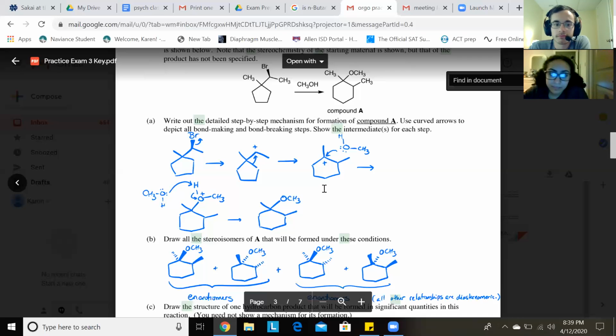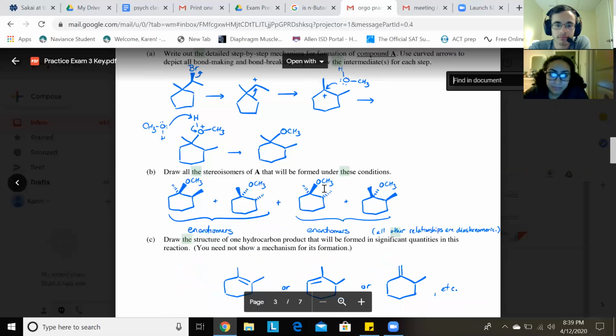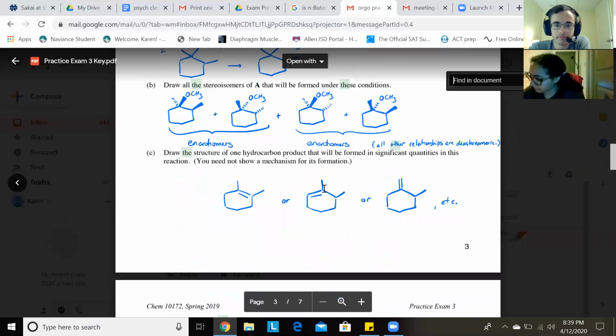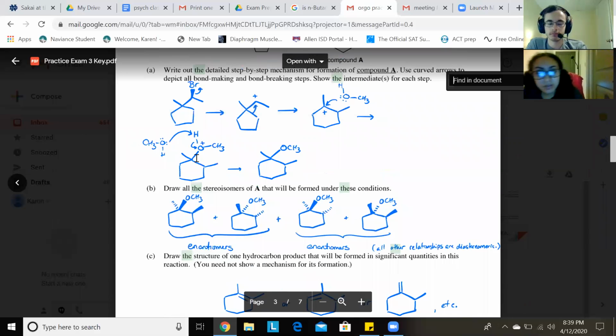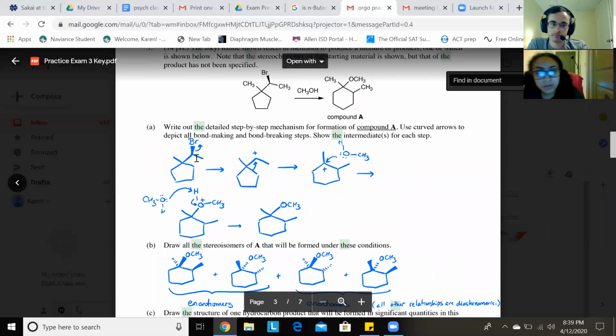Oh yeah, okay. So for part C of this problem, the only reason we know that a methide or hydride shift is going to happen, whenever we do these problems, is basically because they gave us the product.